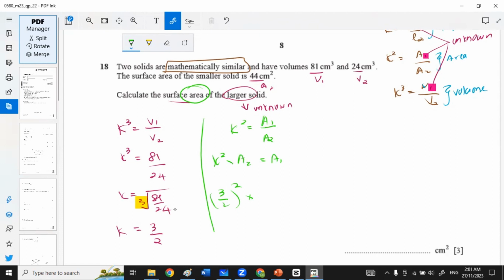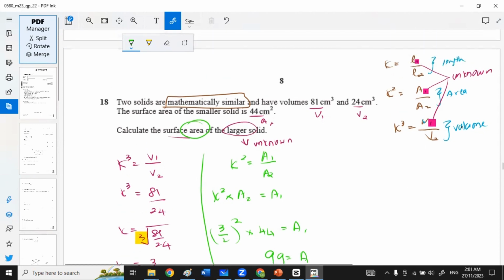We're looking for area. A2 is 44. Use your calculator and you should get 99. So remember these three formulas.